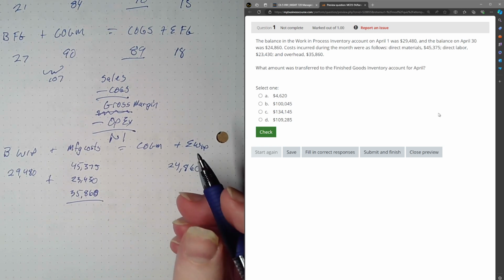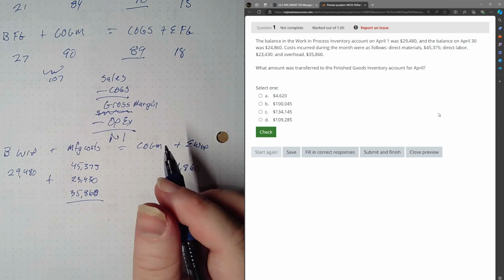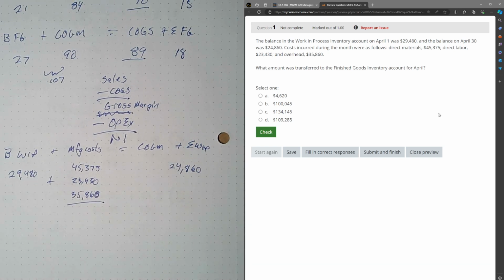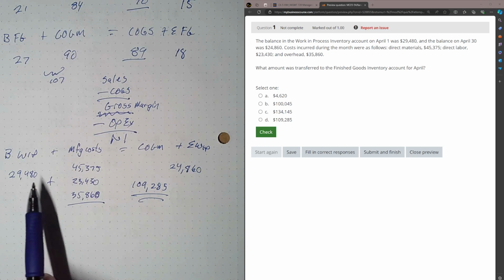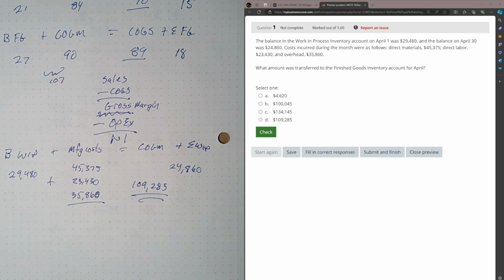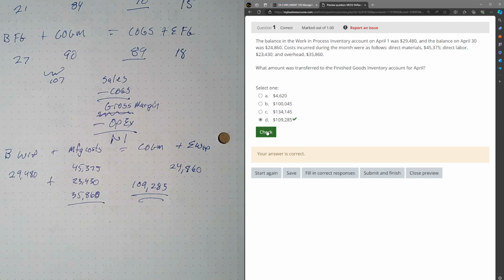But that's what cost of goods manufactured are. Those are the completed work in process items that go into finished goods. So let me go through the numbers here and see if I got them. So what I did was this plus all these three minus this one equals this. And it's always nice when you have a weird number and it's one of the options. Check. Okay.